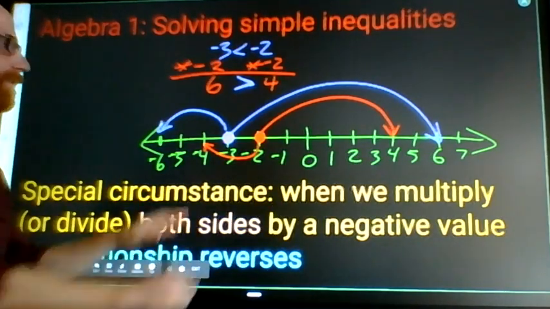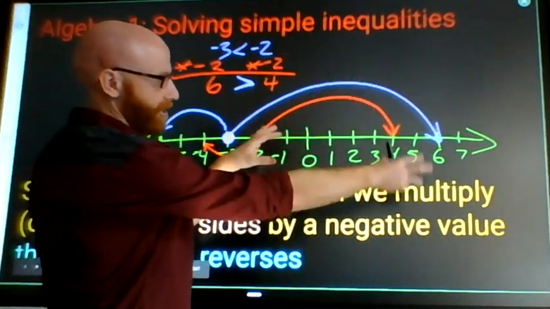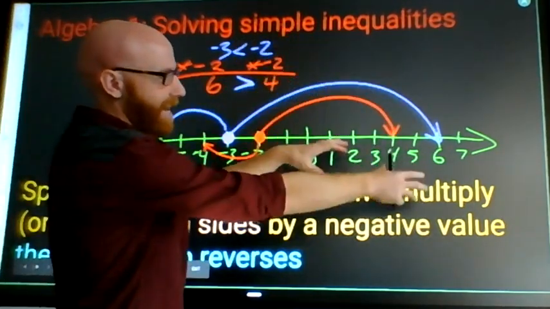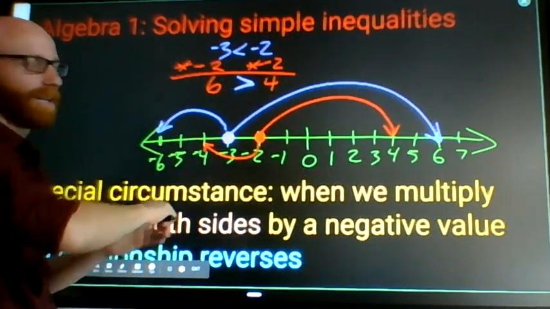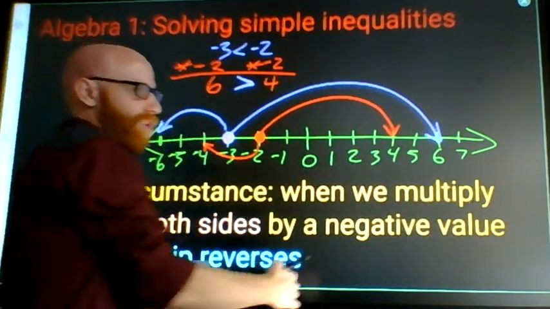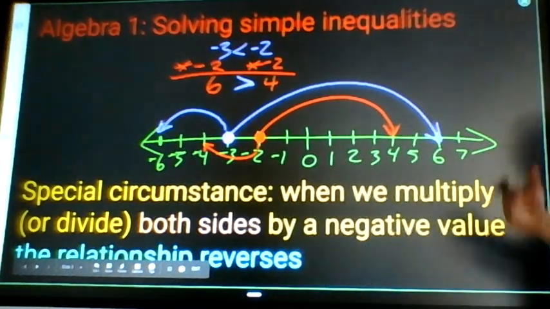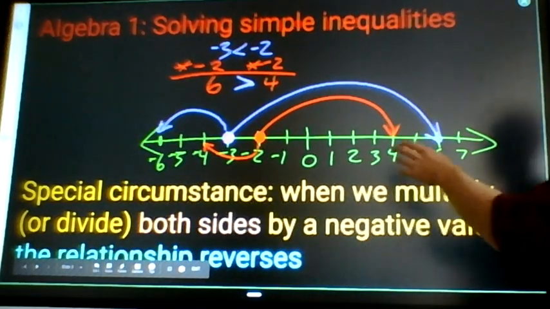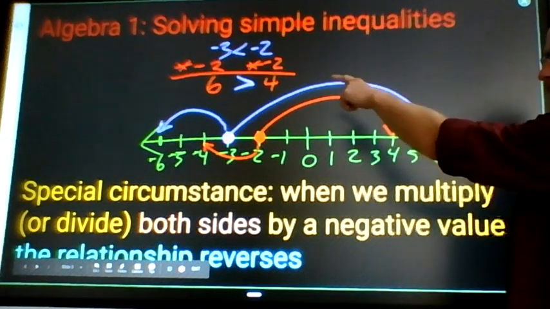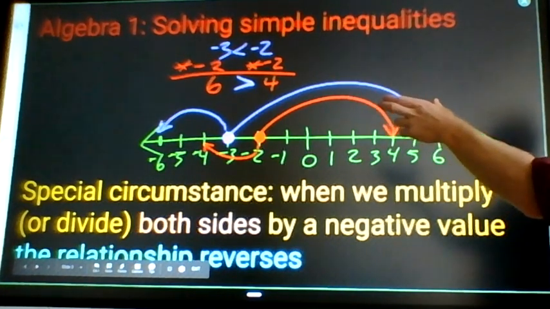And hopefully you can also visualize with this picture. When I'm multiplying by a negative, I'm flipping my number line across 0, and that's what is resulting in the change in relationship.